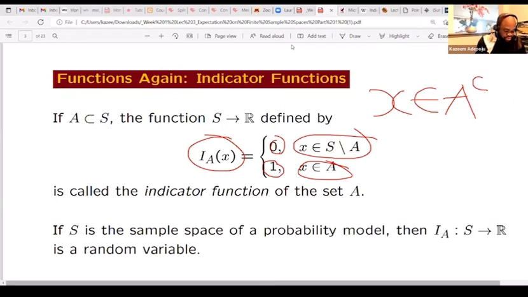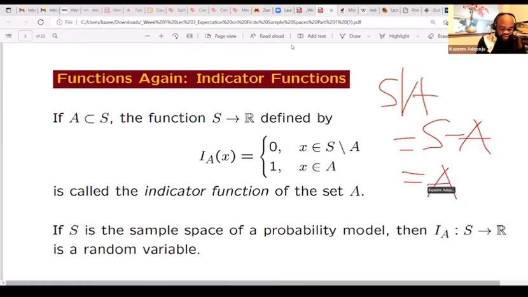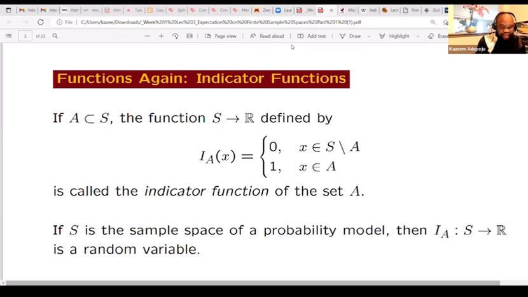X difference A means X minus A, so automatically you are referring to the complement of event A. So that is what we mean by the indicator function on the set A. It's either the event occurs or the event does not occur, so this is dichotomous in nature, a situation where we have two possible outcomes.